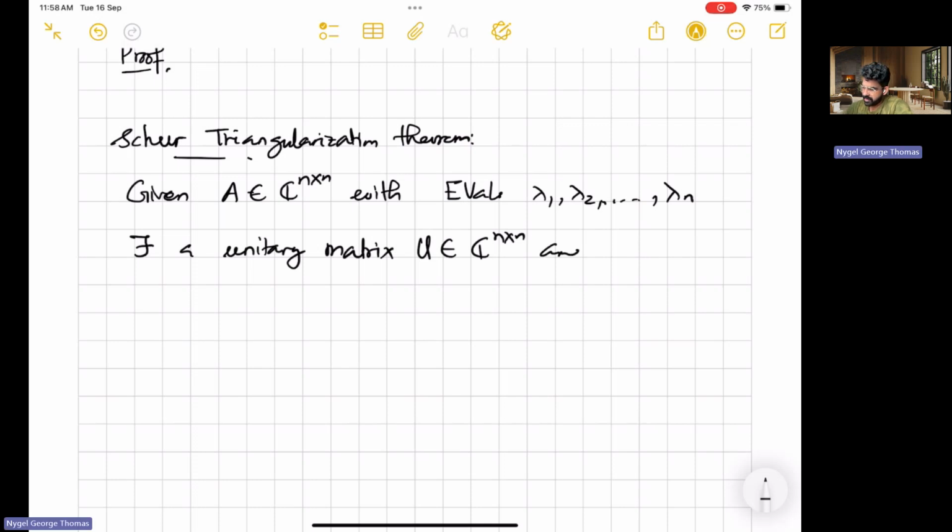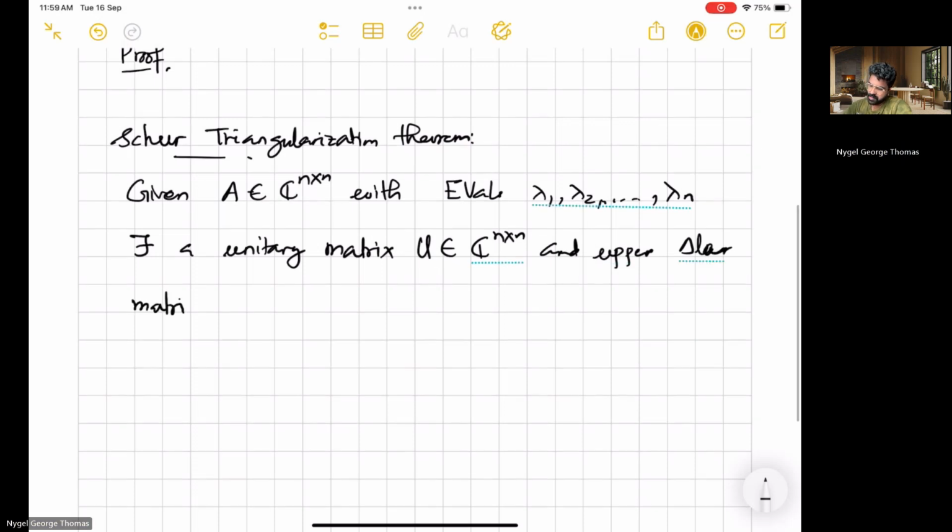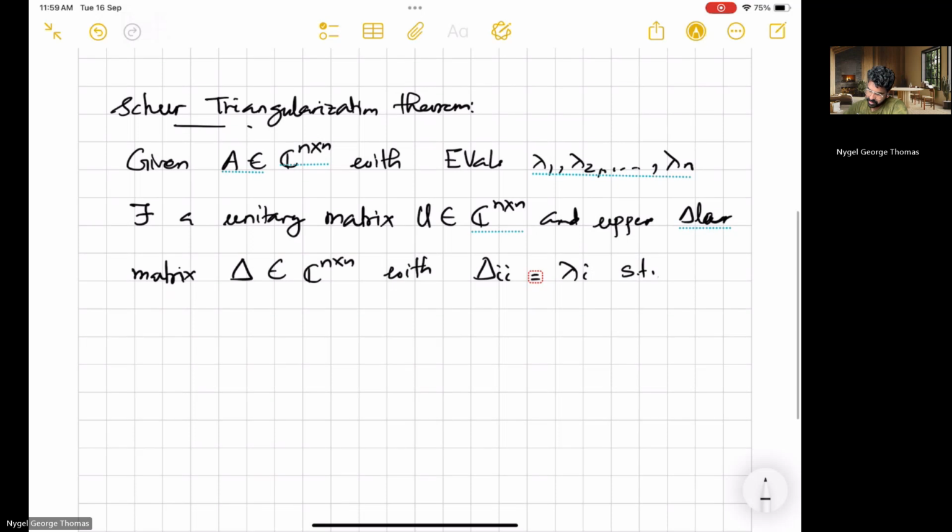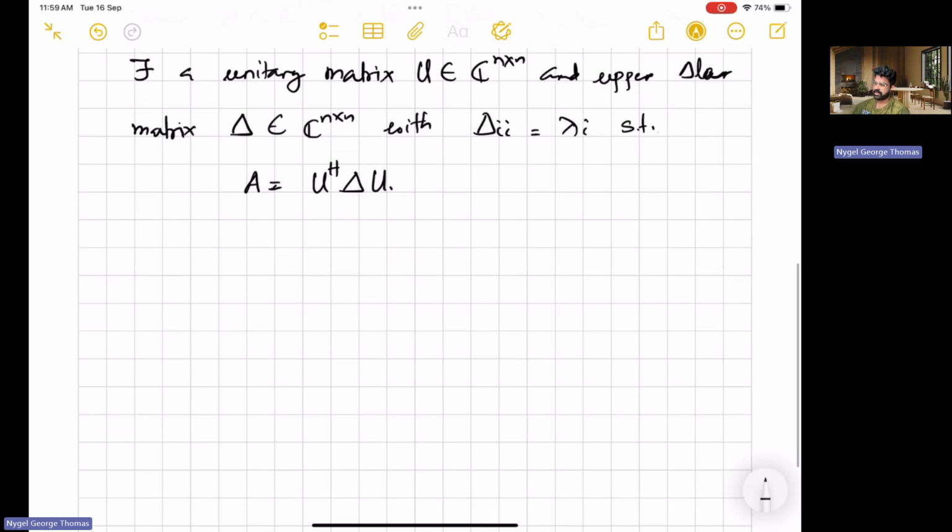And an upper triangular matrix, denoted by this triangle, n cross n, with its corresponding diagonal entries as lambda i's, such that any matrix A can be expressed as U Hermitian, triangle, U. So this is actually a more specific case of similarity, a similarity matrix being the unitary matrix. Okay, we'll discuss this later in more detail. So this is the Schur triangularization theorem.